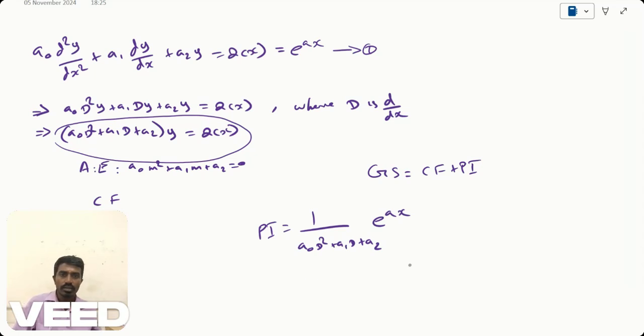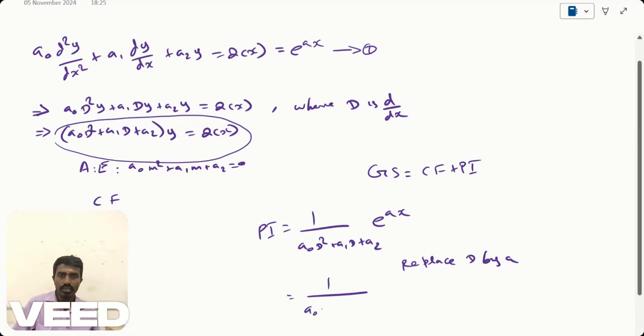And then replace d by a, which gives the required particular solution: e power ax divided by a naught a square plus a1 a plus a2.